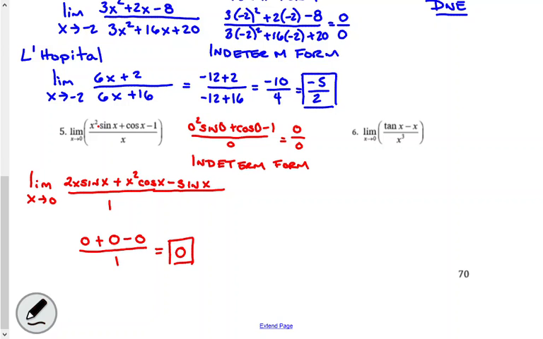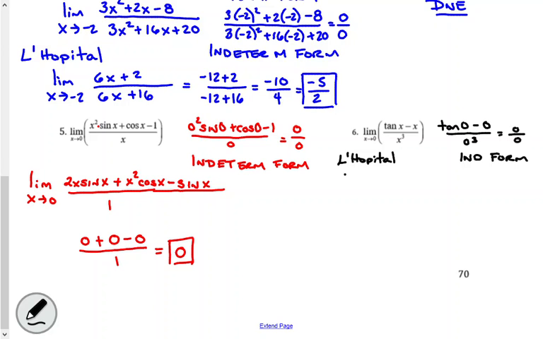Okay, for number 6, let's go tangent 0 minus 0 over 0 cubed. Tangent of 0 is 0 over 0. Okay. So we've got an indeterminate form. We'll apply L'Hopital's.